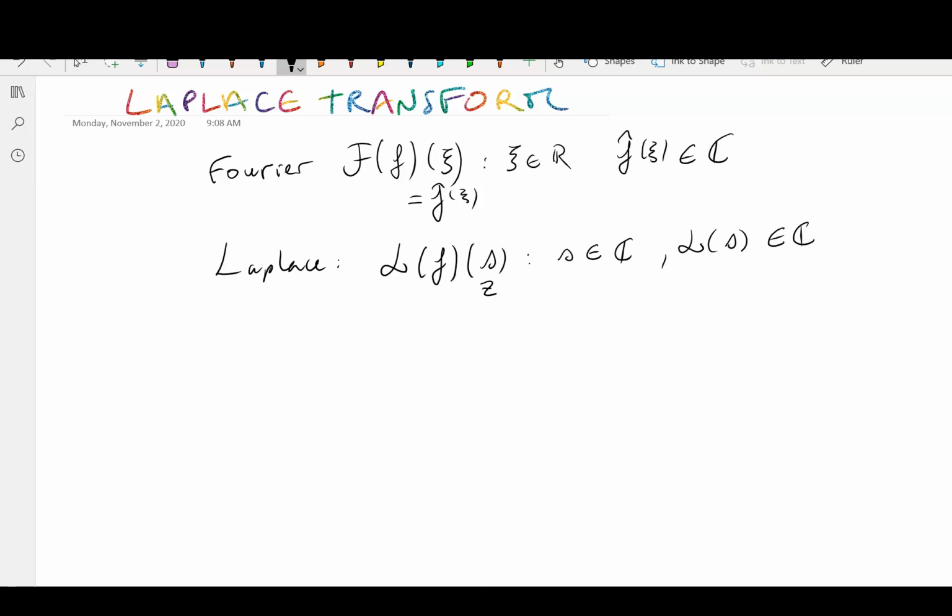Let's begin by giving the definition. Usually we begin with a function f of the variable, let's use t, which is very common, where t belongs to R plus.